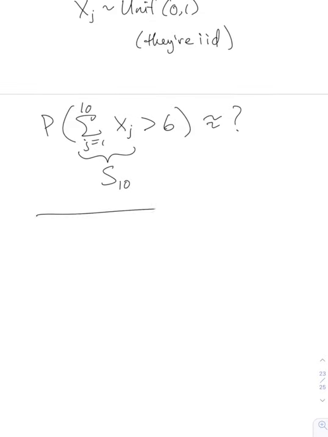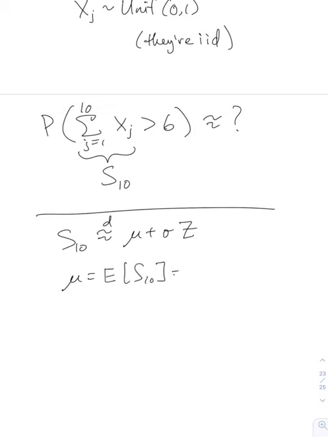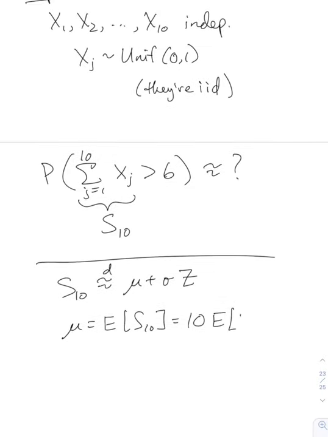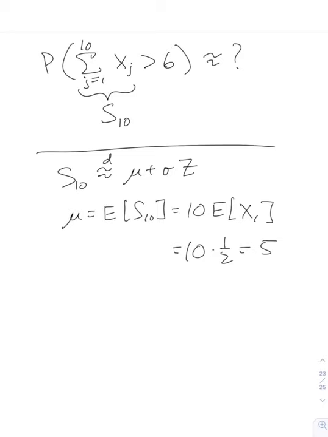All right, so S10 has approximately the same distribution as mu plus sigma z, where mu is the expected value of S10, which is 10 times the expected value of any one of the x's. They're uniform 0, 1, so expected value is a half. 10 times a half is 5, so mu is 5.